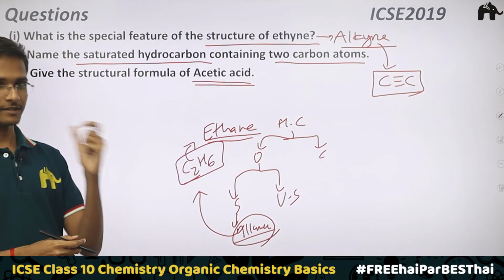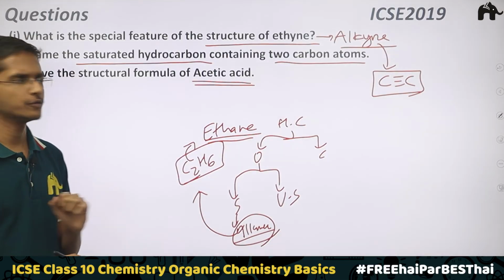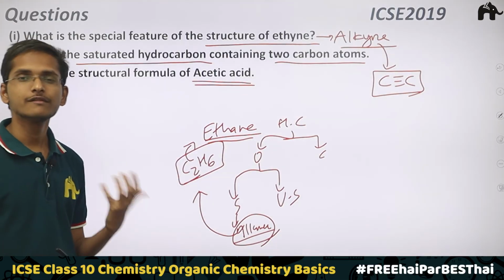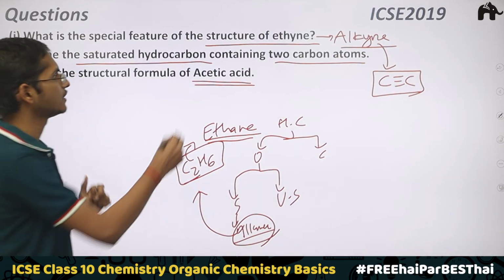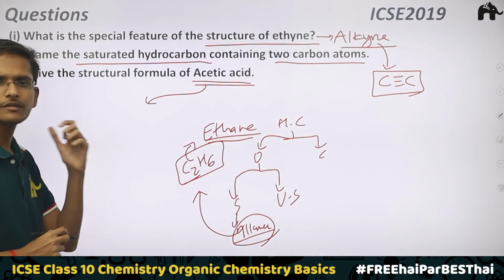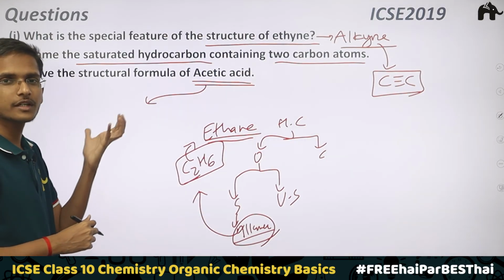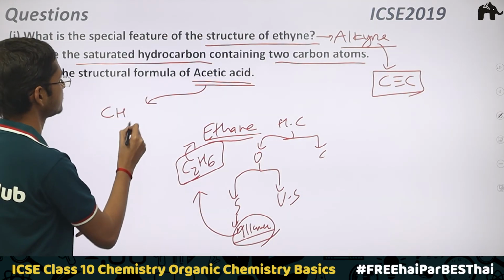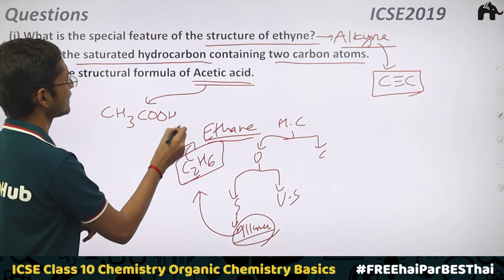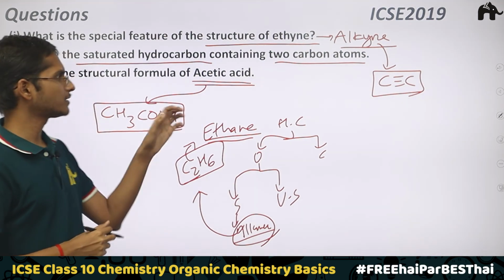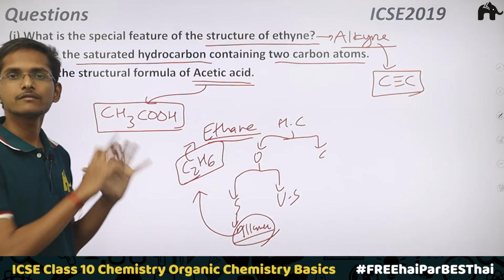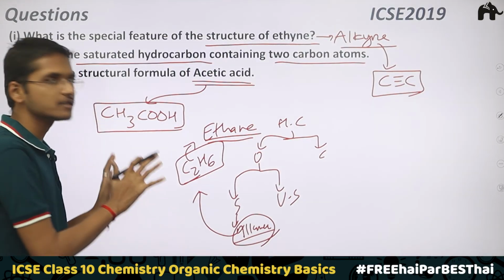So I told you about methane and acetic acid. Acetic acid is obtained from vinegar, which is called acetum in Latin, so from that acetum the name is acetic acid. The formula for acetic acid is CH3COOH. This belongs to the carboxylic acid part, but you can still answer it from the existing syllabus.